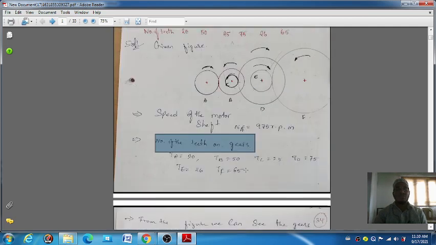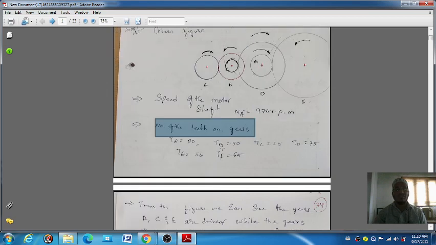Because gear A is moving due to the shaft connected to the motor, and gear A meshes with gear B. With the help of power transmission, gear B will be moved by gear A. So gear A is the driver and gear B is driven.